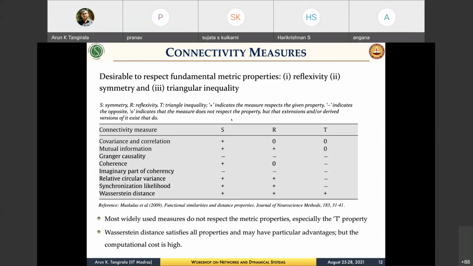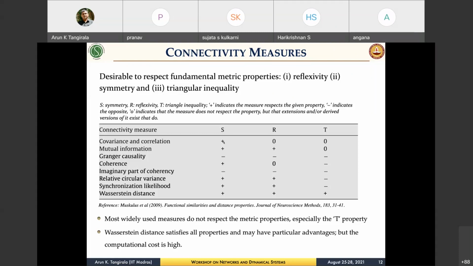Correlation, for example, between X and Y is the same as between Y and X, and therefore has a plus sign. The main problem here is if you want to use a measure that gives you the direction, then you cannot choose a metric that has symmetry. That is why this table is important.